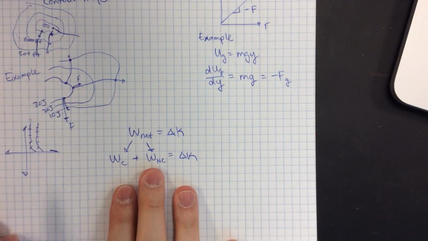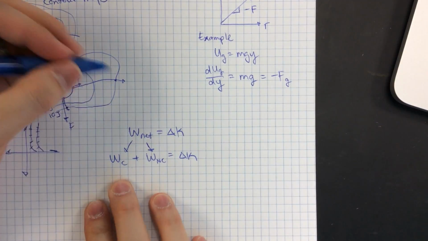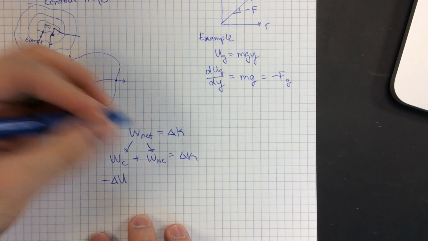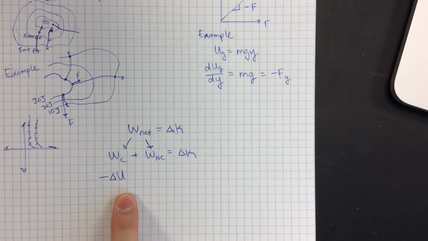So there are conservative forces and there are non-conservative forces. Conservative forces we can represent with some sort of potential energy function. We can add up all our different potential energies, whether it's gravitational or maybe it's elastic, whatever it is.